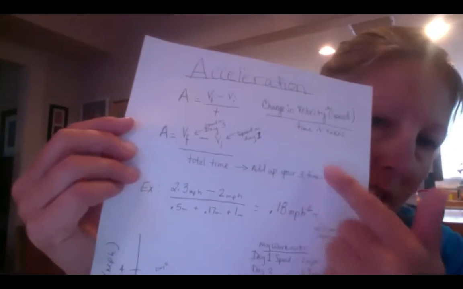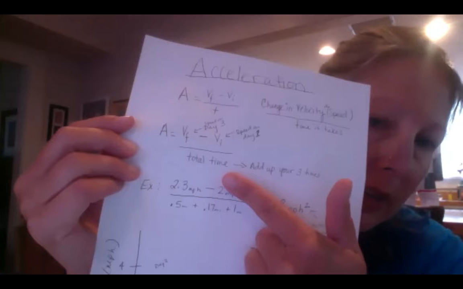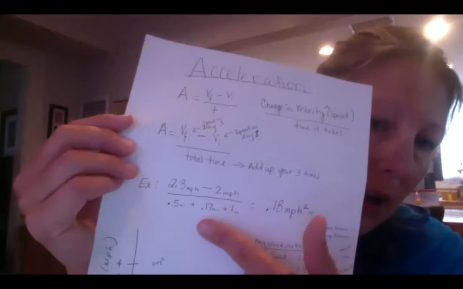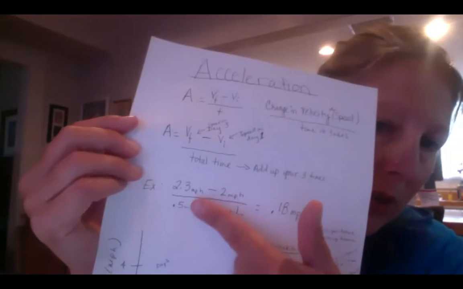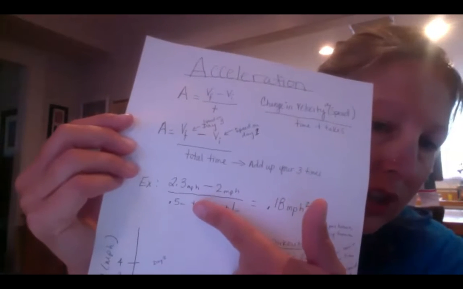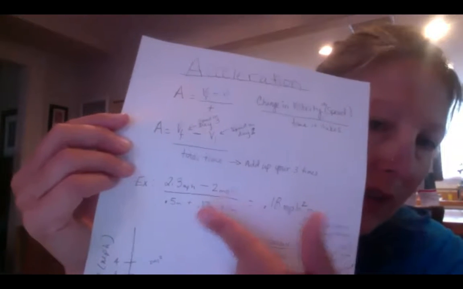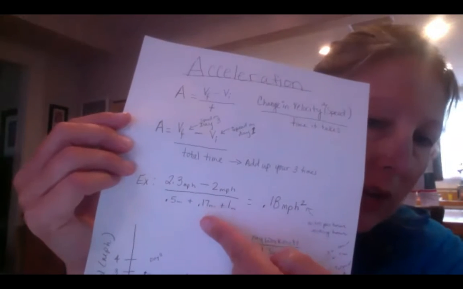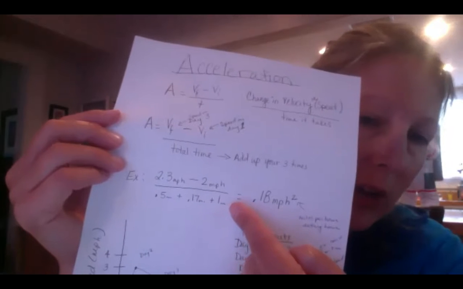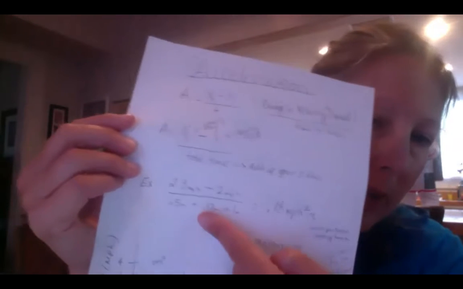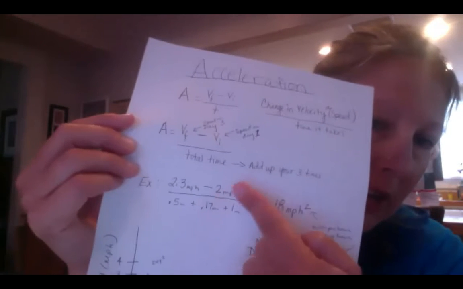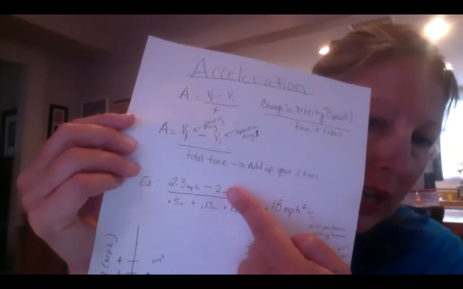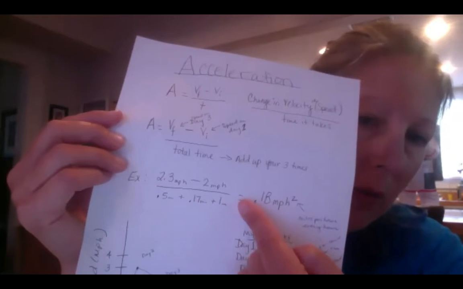And then for my total time, I added up all of my time. So my first workout I went for, and that should say hour, not minute, 0.5 hours. I did 30 minutes. And then I did 10 minutes, 0.17 hours. And then I did 60 minutes or 1 hour. I added all those times up. I didn't show you that step here. This would be 0.3 divided by 1.67.